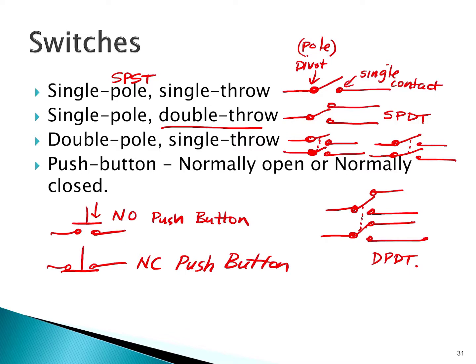The normal state is the way the schematic shows the switch, and so here, pushing down, it would go from a close to an open. On the top, this one would go from an open to a close. So that's our push buttons.